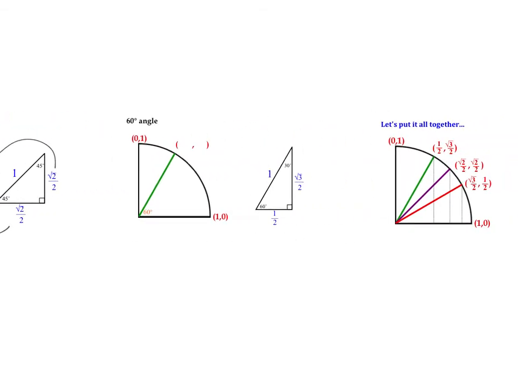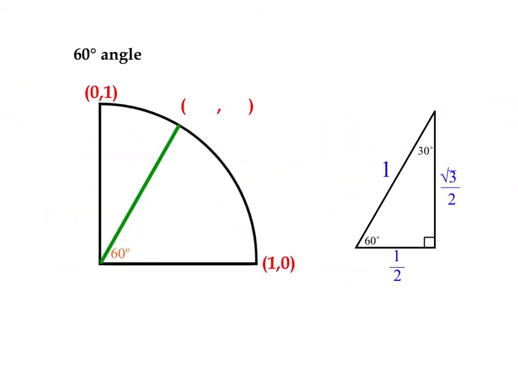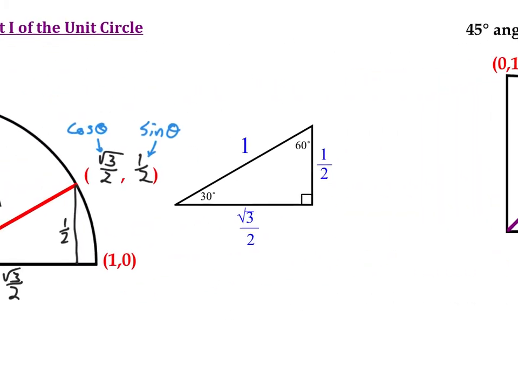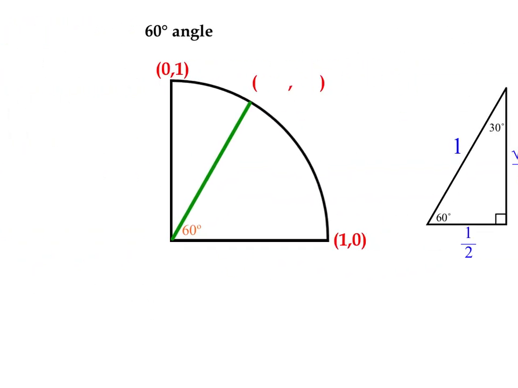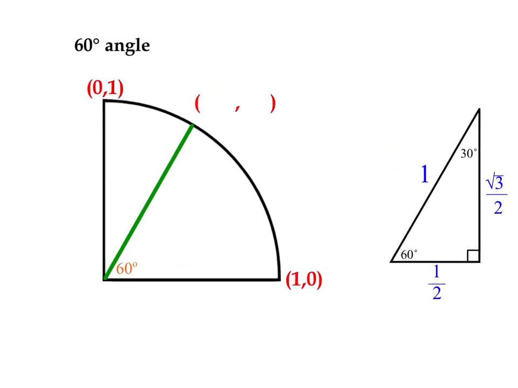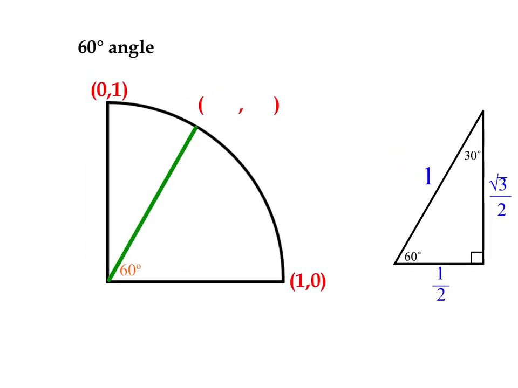Let's do a 60-degree. So 60 is going to look the exact same as 30. It's just the 1/2 and the rad 3 over 2 have flip-flopped. And that makes sense because all we did is change the reference angle. So a 30 and a 60 are going to be eerily similar. We just flip-flopped who goes where.